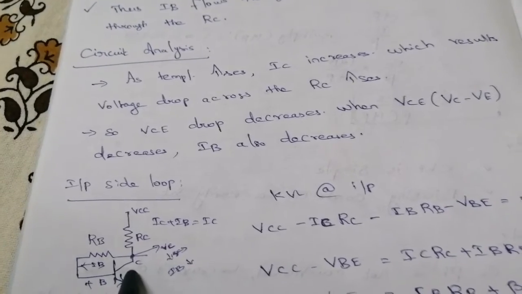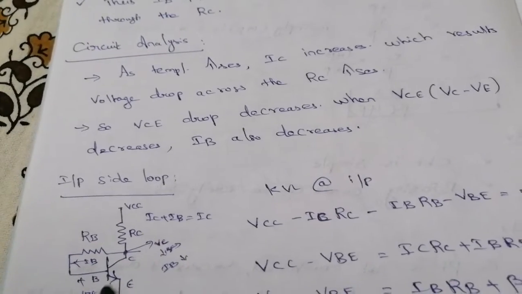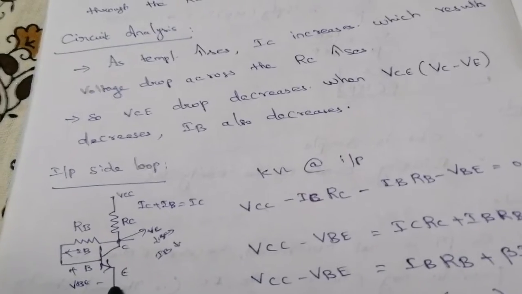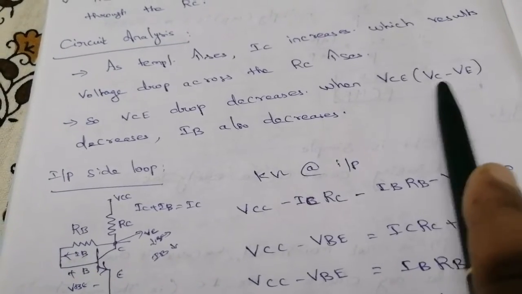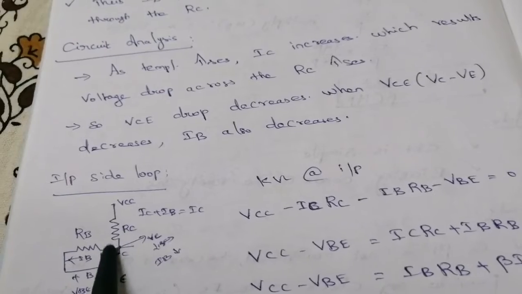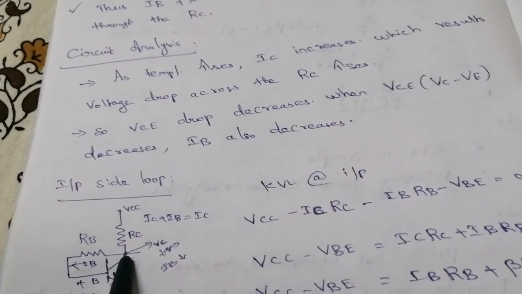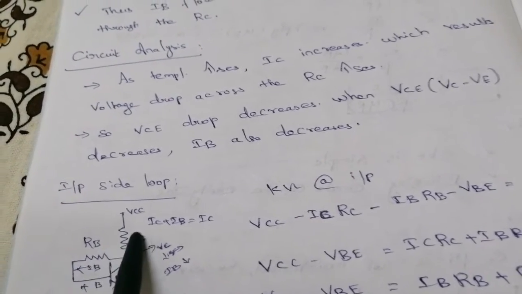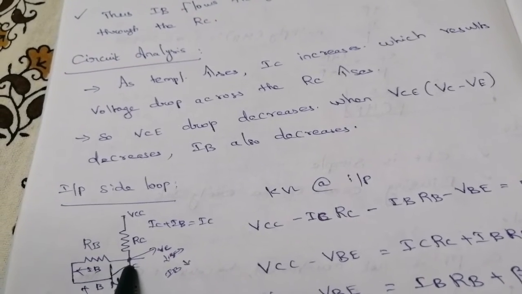Decreases because VCE is nothing but VC minus VE. Here there is no emitter resistance in this circuit, so we can consider VE equal to 0. So VCE is nothing but VC. So VC is the voltage across the collector terminal. Here the voltage drop across RC increases, but the collector voltage decreases, right?